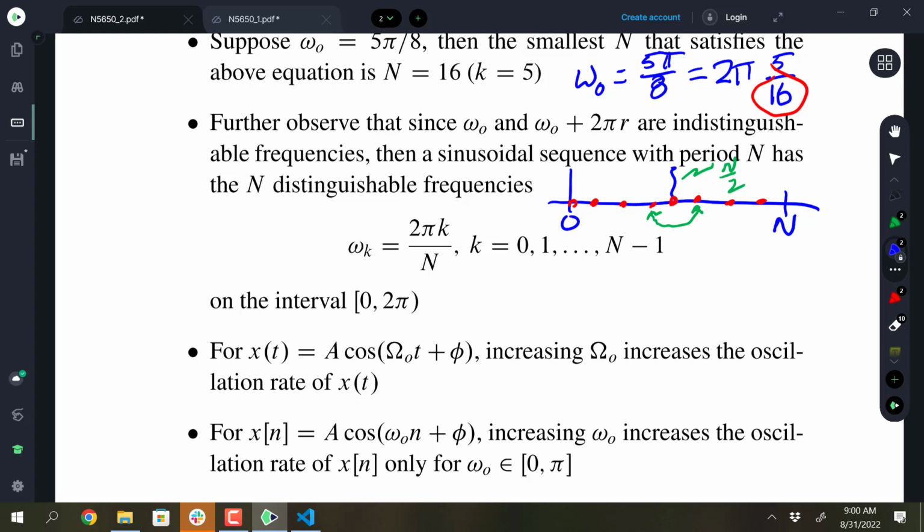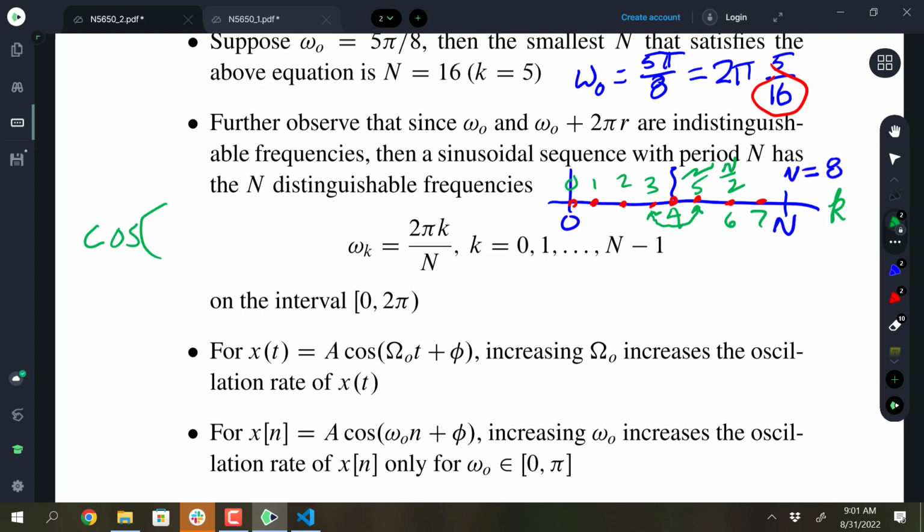So I'm going to in particular say n is equal to 8. So I'm going to do that case right there. I'm looking at values of k relative to n.